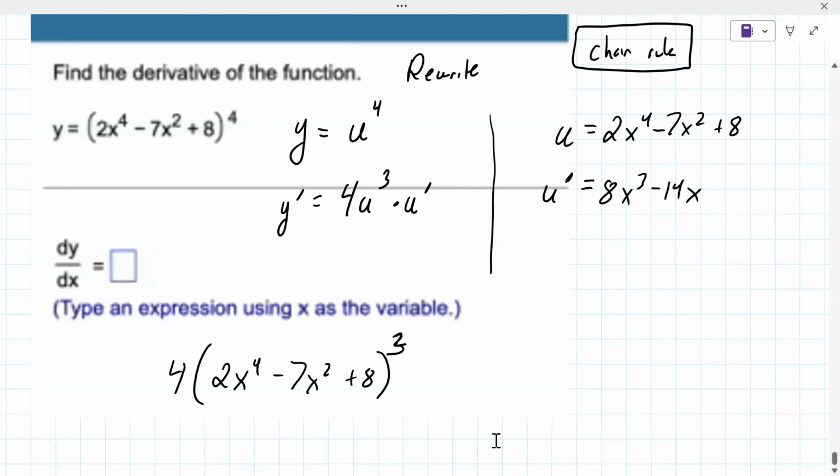Now on your multiple choice, one of the multiple choice answers will be this, where they leave out this second part that you multiply by. All right, that was right. Excellent.